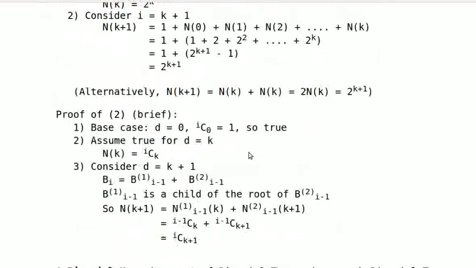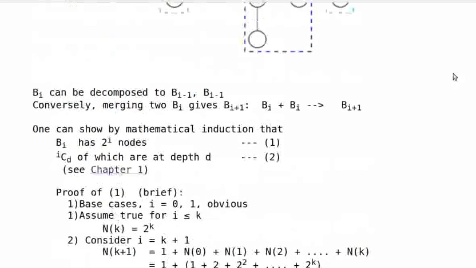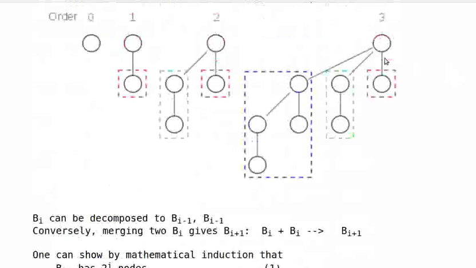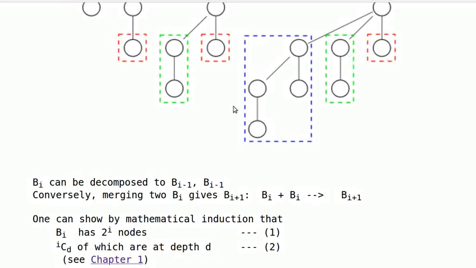And then again, we assume that it is true for d equals k. Like for k equals 3, d equals 1, we have 3 choose 1, which equals 3.